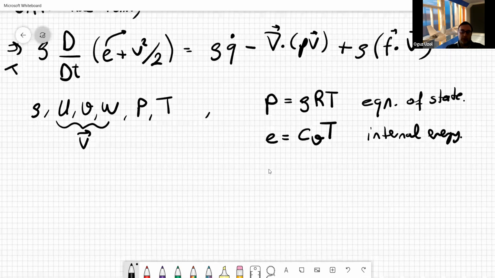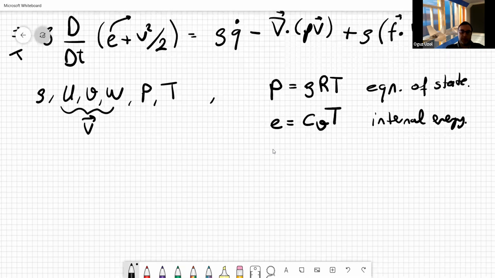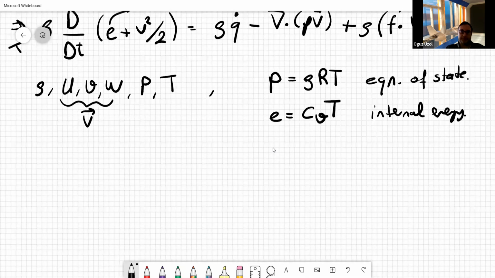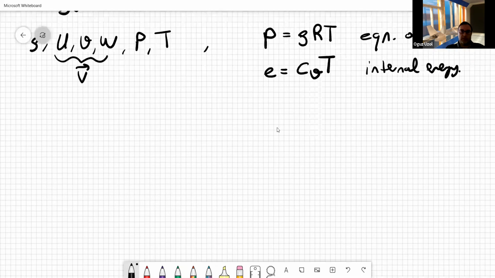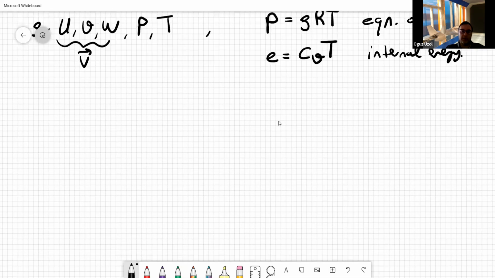Good. So after now remembering these equations, there is an important concept in compressible aerodynamics. That concept is called stagnation conditions. You might have seen this concept in other classes as well. So stagnation, or sometimes we call them total conditions.